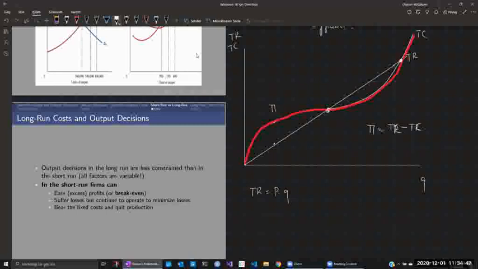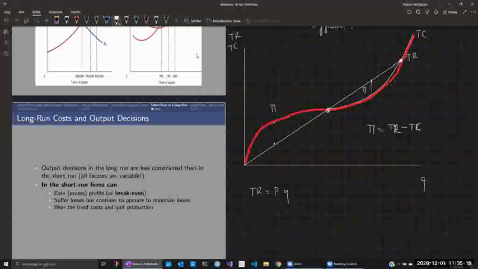So what I would like to find is the maximum profit. Where does it happen? It happens somewhere here, right? The distance between total revenue and total cost gives me the profit, and I would like to maximize this profit. So how can I find the maximum distance?